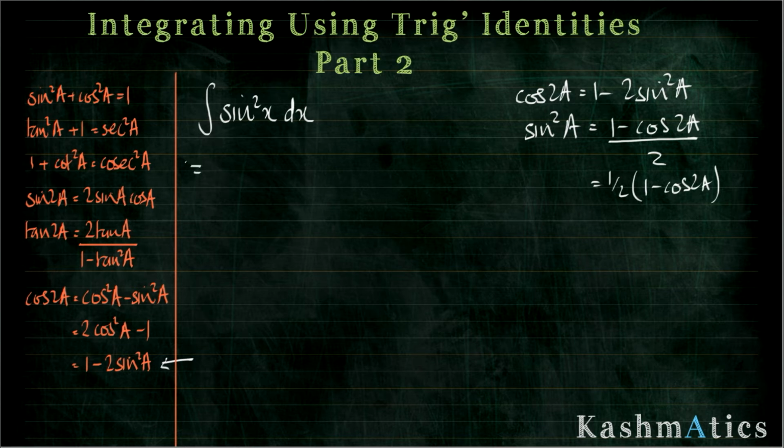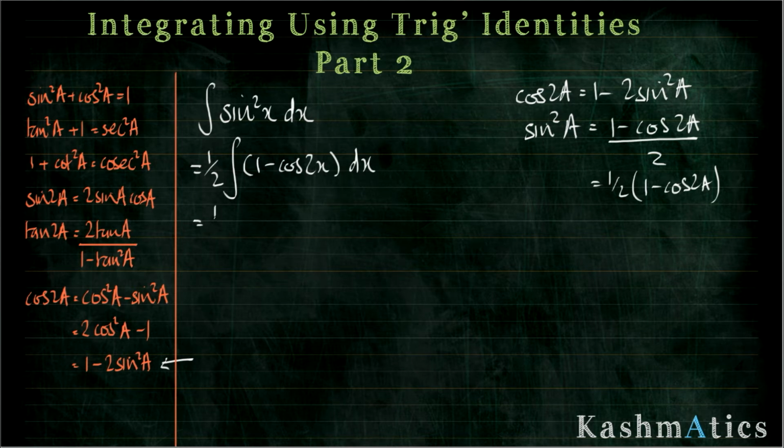So let's put this into our integral instead. Instead of sine squared x, I'm going to write a half brackets 1 minus cos 2x. Because a half is a factor, I can take that outside of the integral sign to make things a little tidier. So I'll take the half out and then write 1 minus cos 2x dx.